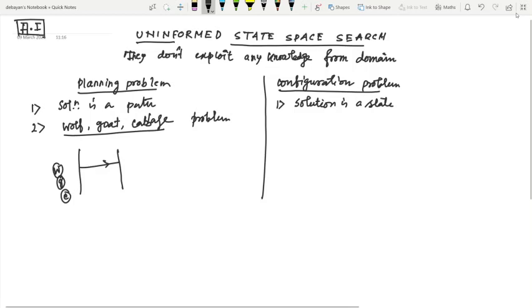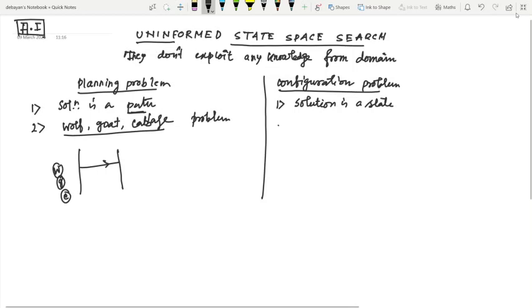The condition is that the wolf and goat cannot be left alone, and the goat and cabbage cannot be left alone. So these are the particular conditions, and in that planning problem we did step by step calculation. That means the path is nothing but the solution.